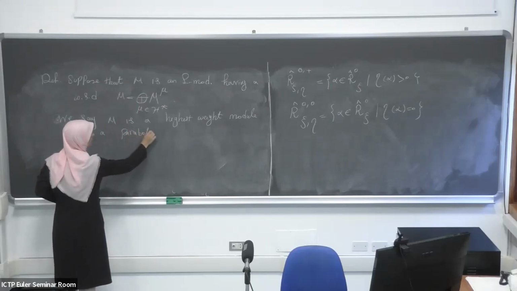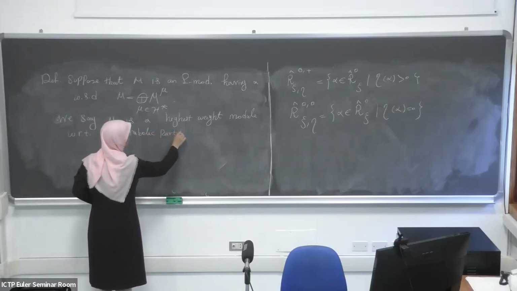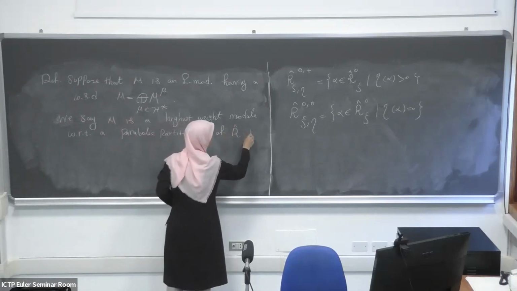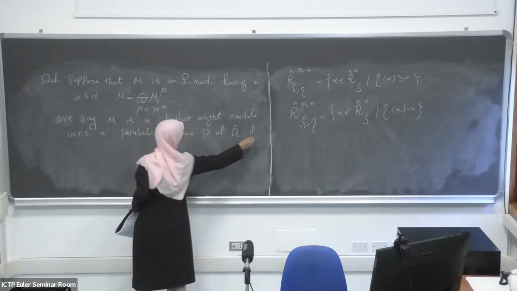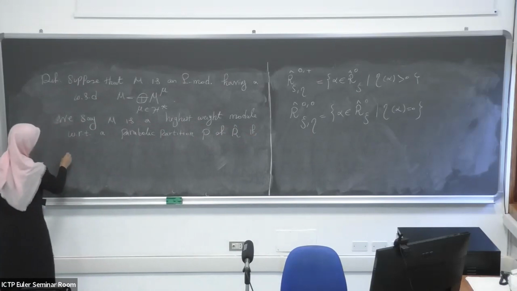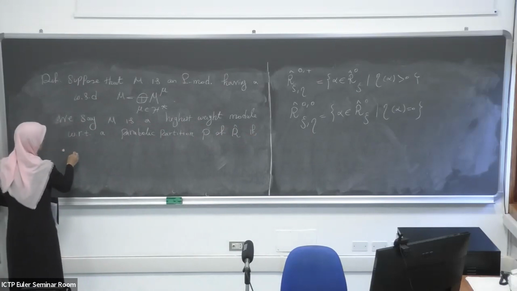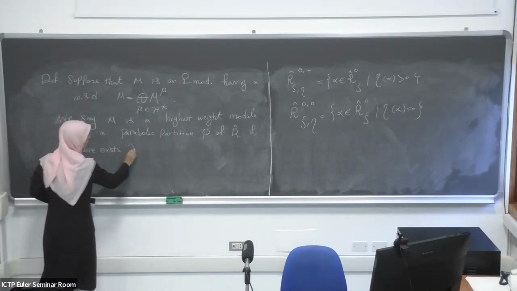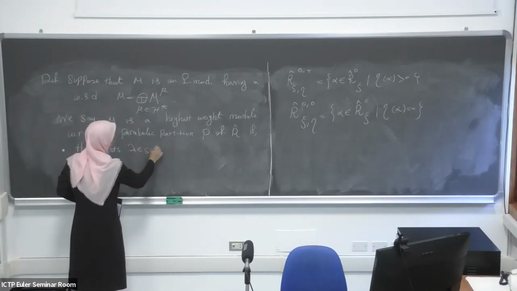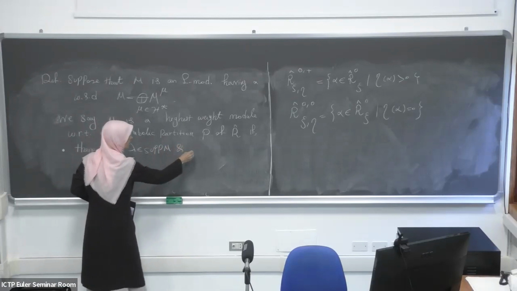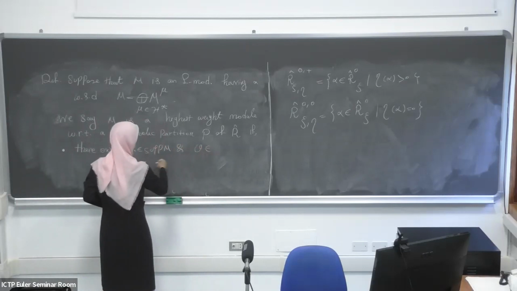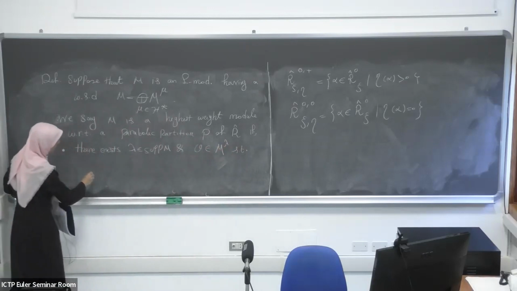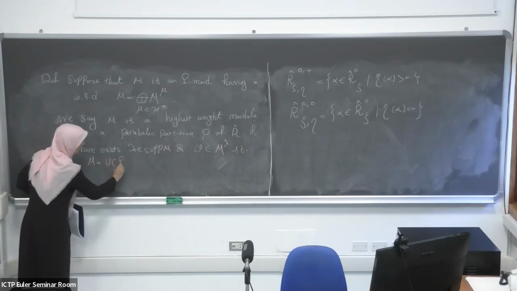P of R hat if there exists lambda belonging to the support of M and v belonging to M lambda such that M is U(L)v.